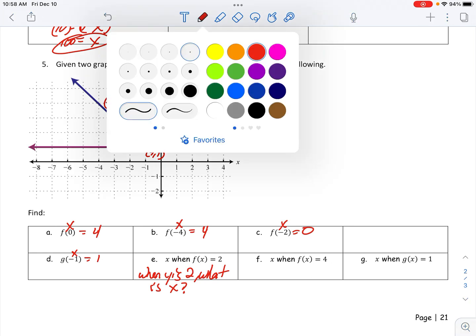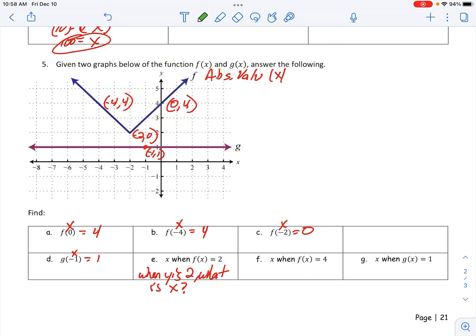What I need to do is start on the y-axis. So when y is 2, go find that graph. We're talking f of x, so we're looking at that f graph. And there is that location. So when y is 2, the x value is then -2.